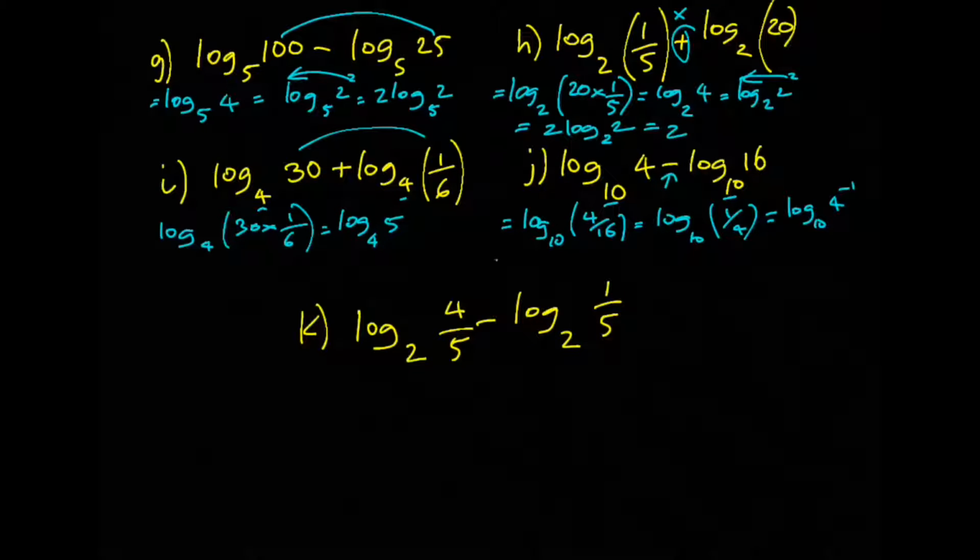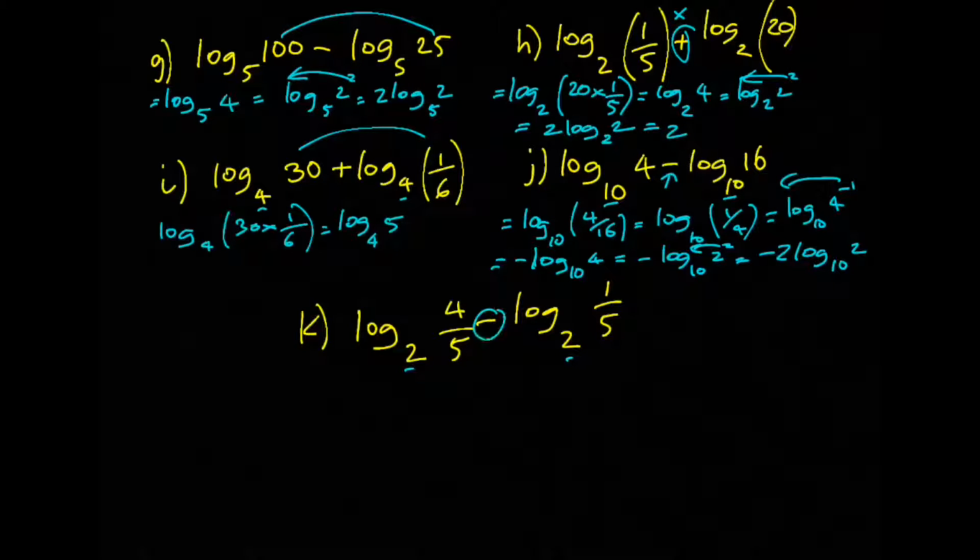We can continue to simplify it, so we can bring the 1 down the front for the power rule, so it's negative of log 10 to the 4, and that equals negative log to base 10 of 2 squared. Bring the 2 out the front, equals negative 2 log 2 to base 10.